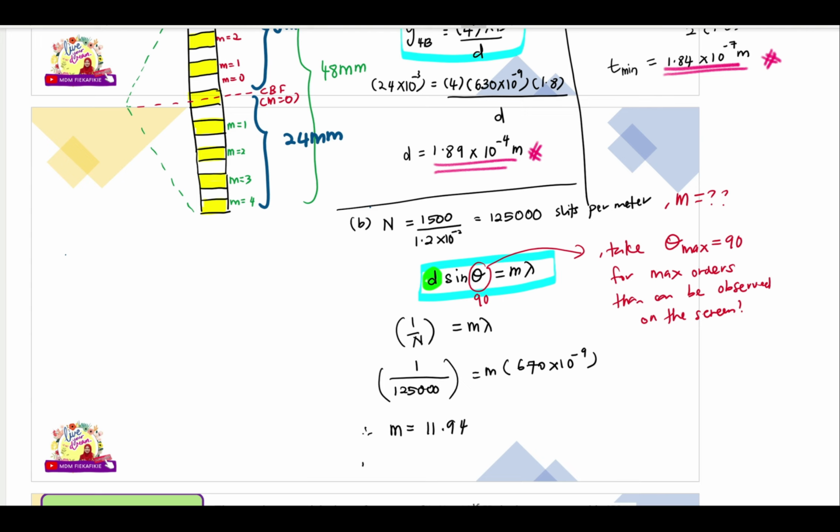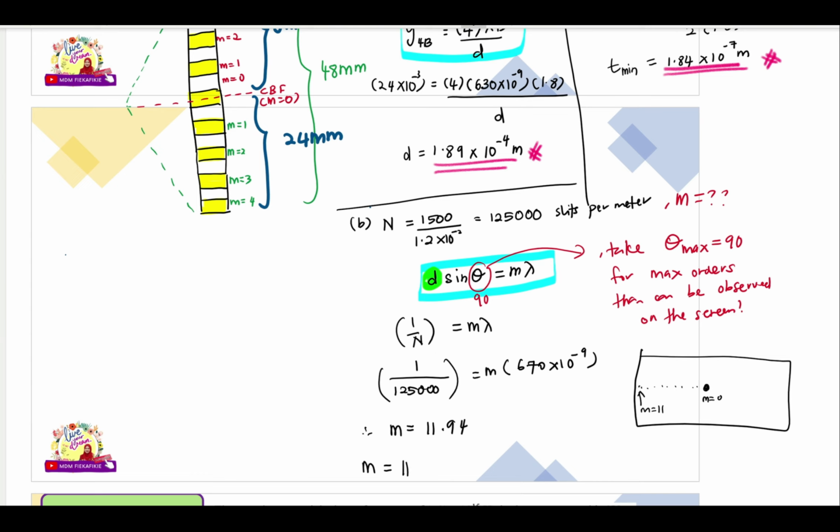Okay, means that m yang you nampak on the screen, maknanya daripada tengah, kan kita buat eksperimen kan. Okay, macam ni kan screen kita. Daripada yang paling tengah ini, m is equal to 0, you boleh nampak up to 11 order. Okay, m is equal to 11.